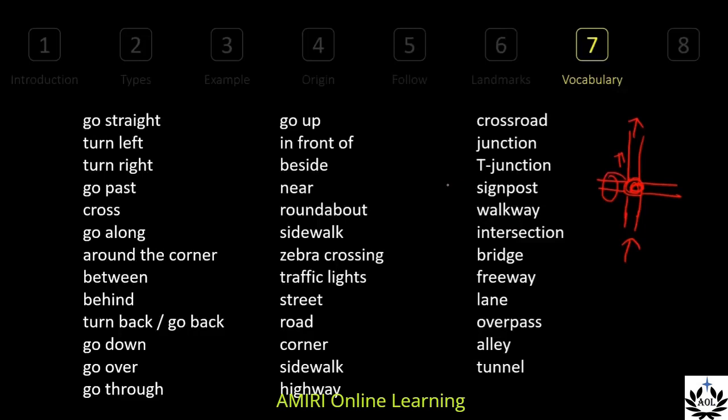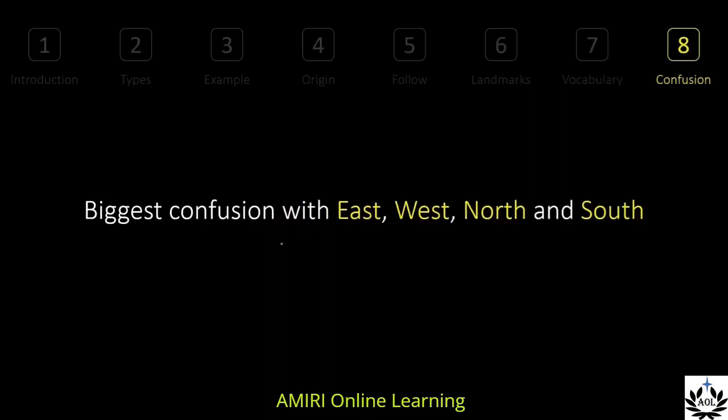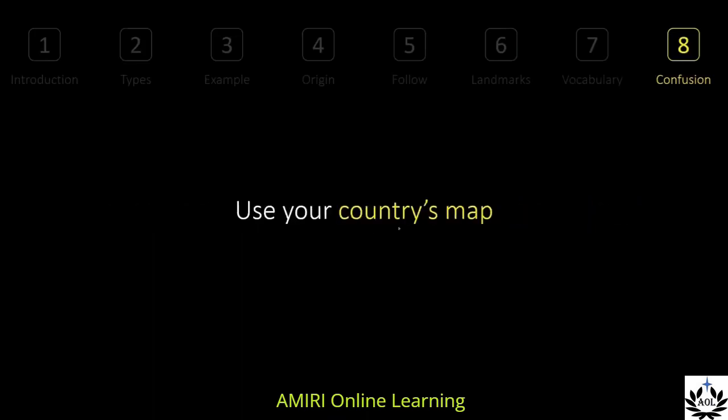Okay, good. So lastly, we have confusion with directions. The biggest confusion actually is east, west, north, and south. While we are in a hurry, listening to an audio, we might think of east as west, or we might not be able to point it out. My logic is to use your country's map.